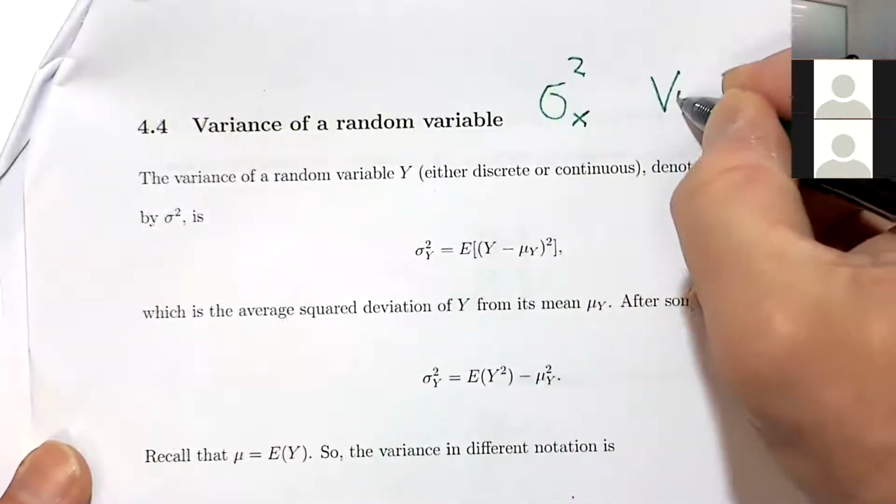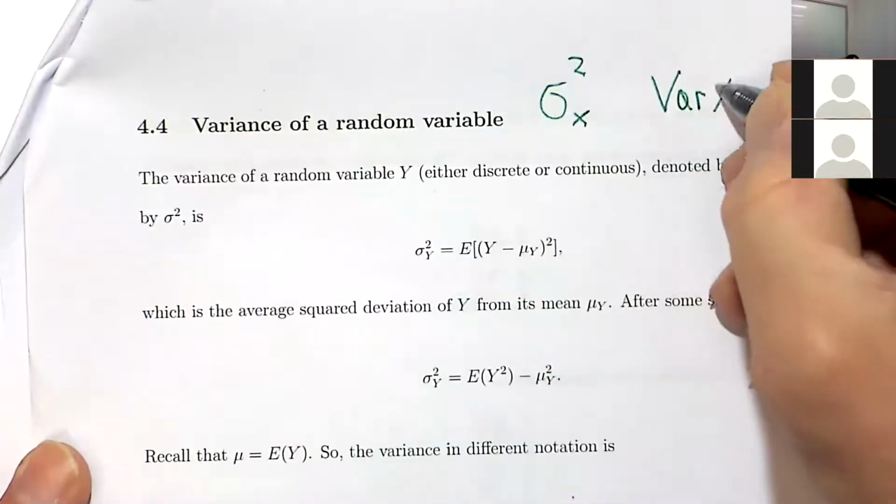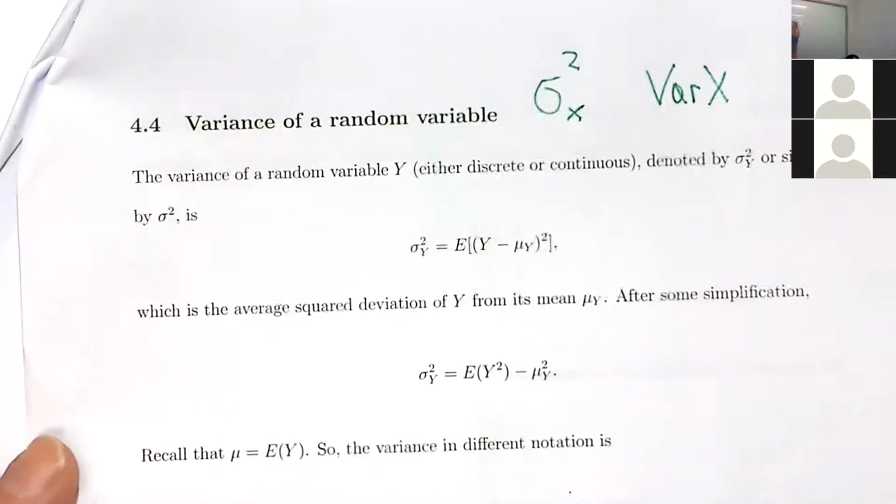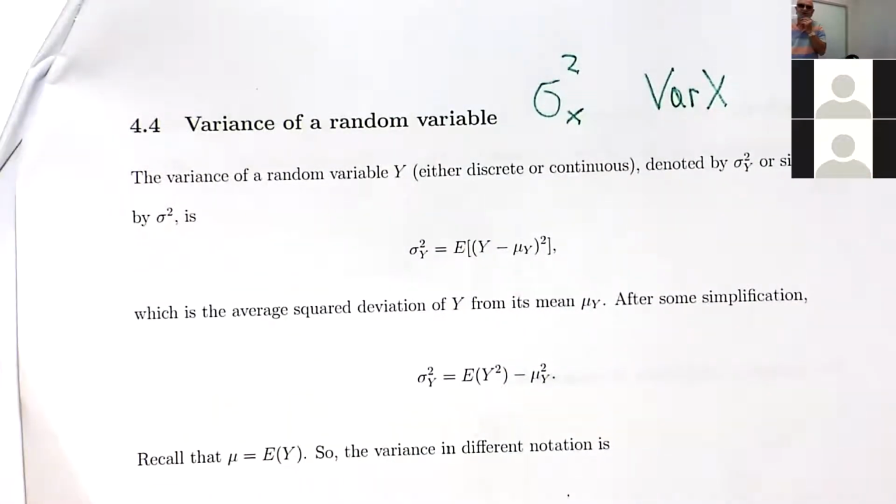Or we can use Var of X. In many textbooks they use this Var of X, or this V can be a lowercase v. So what is the formula to evaluate the variance?